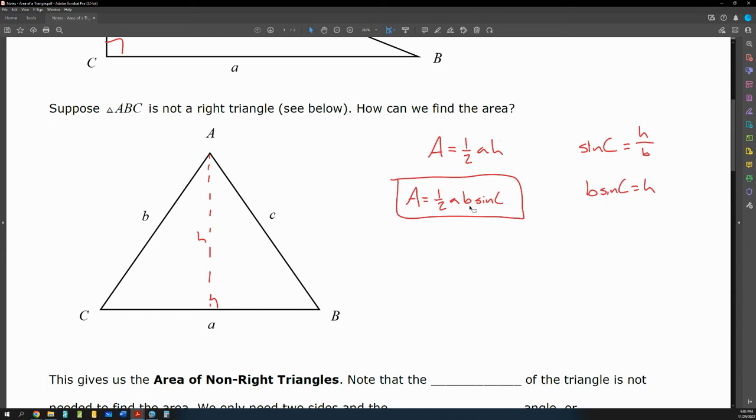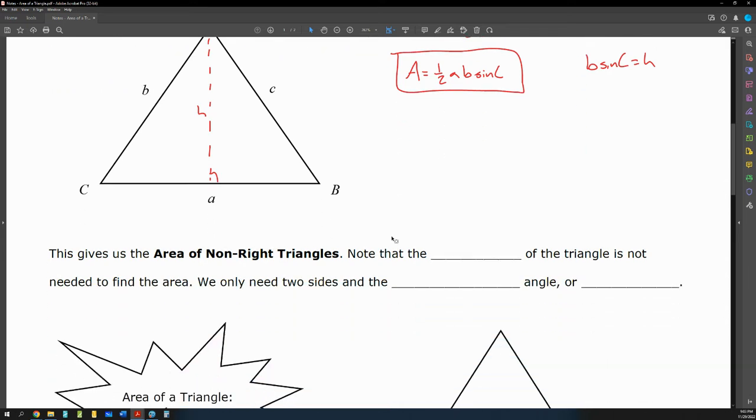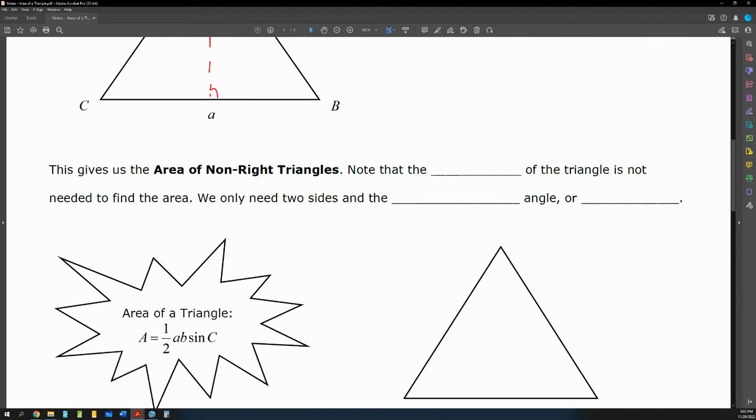So we don't actually need the height of the triangle as long as we have two sides, a and b, and the angle in between those two sides, we can find the area of that triangle, which is really handy because sometimes we don't have the height. Okay? So here's the formula for the area of non-right triangles. Note that the height of the triangle is not needed to find the area.